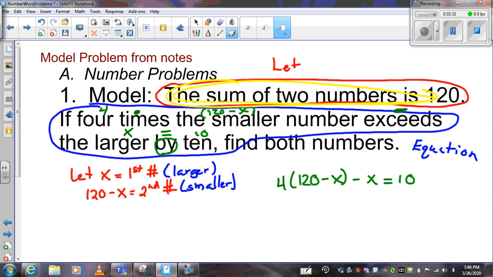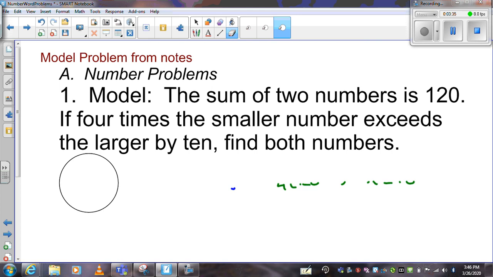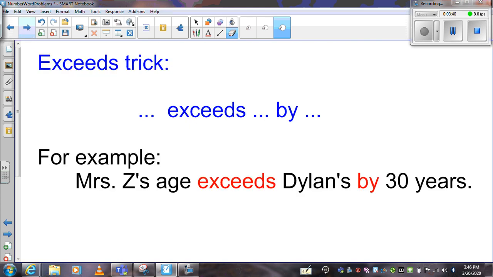The other thing that I want to draw your attention to is the exceeds trick. I'm just going to jump ahead real quick and talk to you about it. If you remember, when we write right above the words, over the word exceeds, we always put a minus sign. Over the word by, we always put an equal sign. For example, Mrs. Zagrosi's age exceeds Dylan's age by 30 years.